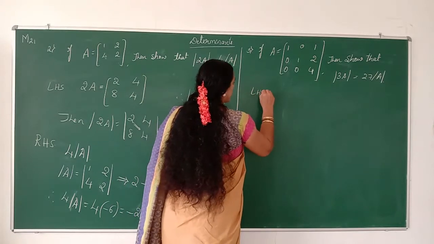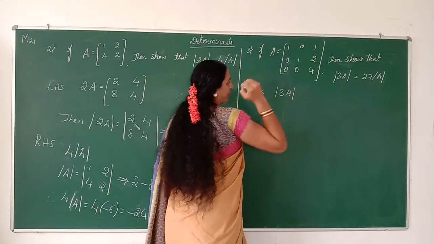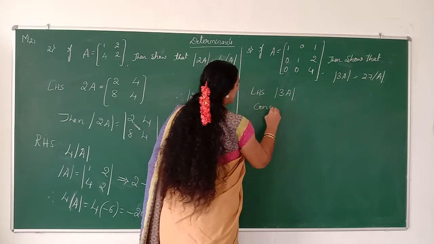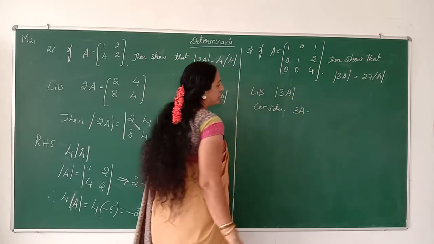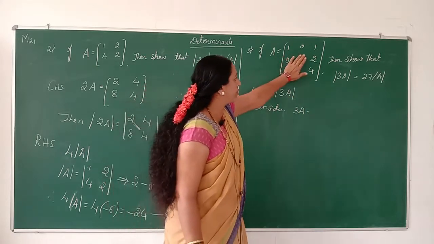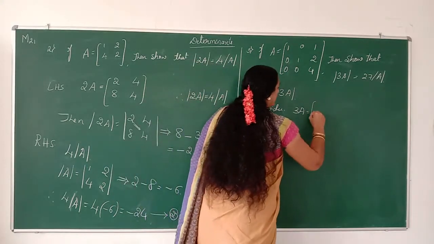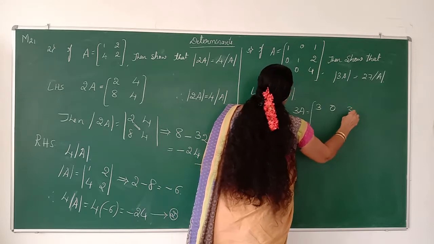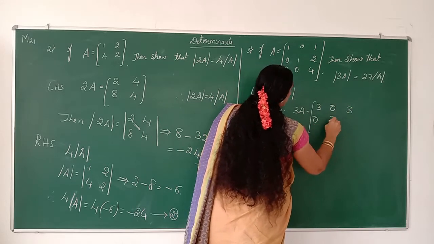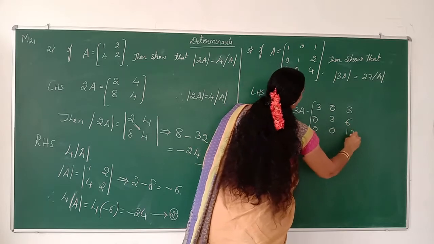Now first we will consider the LHS, determinant of 3A. First we find 3A. 3A means all the elements of matrix A are multiplied by 3, that is the elements are 3, 0, 3, 0, 3, 6, 0, 0, 12.